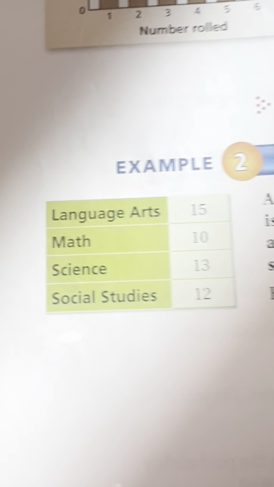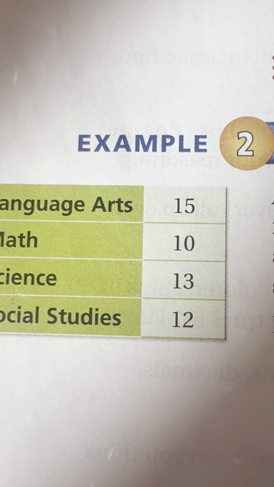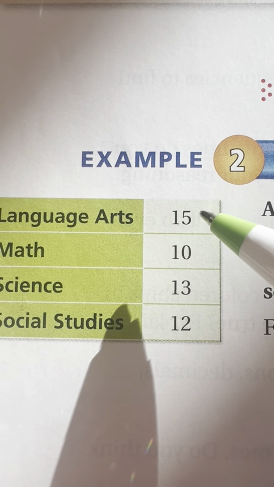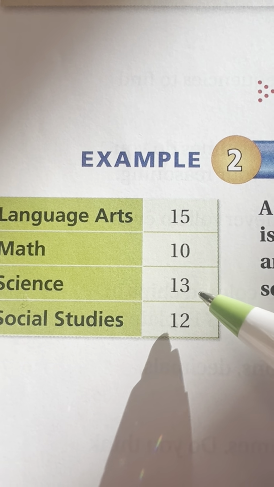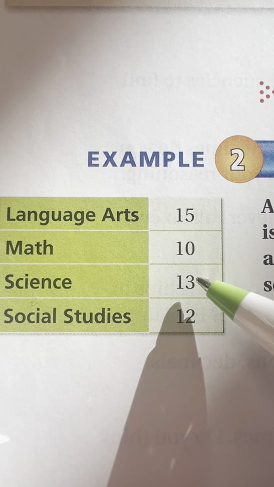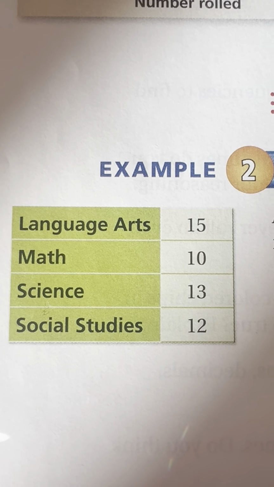My next example says this was a survey. They surveyed 50 kids. If I didn't know that, I would do 15 plus 10 plus 13 plus 12 and find out that there were 50 answers given, so they surveyed 50 people. How many people said they liked language arts? 15. Math was 10. Science, 13. Social studies, 12.